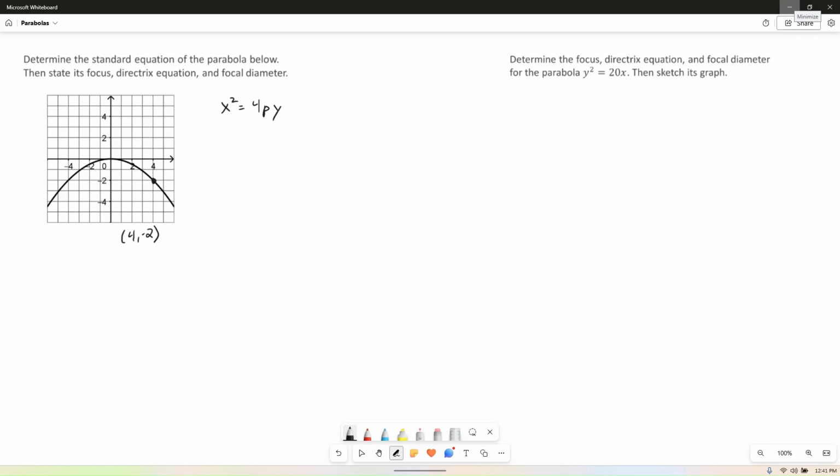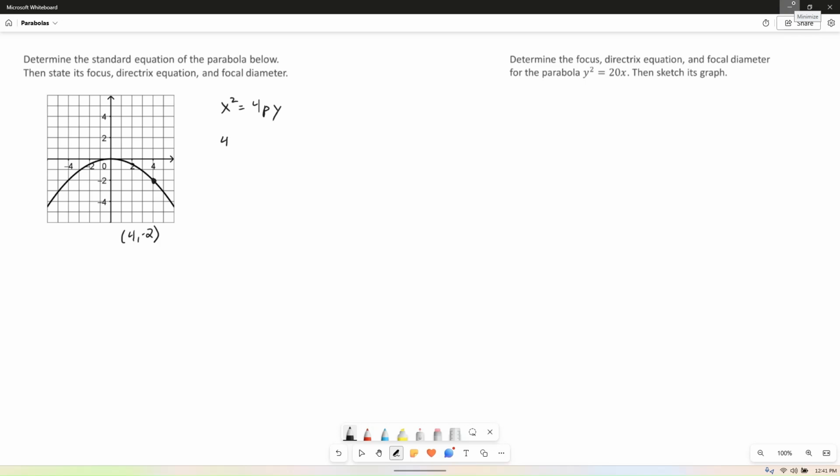So to actually write the equation that corresponds to our graph, we need to figure out the value of p. We don't know where the focus or the directrix are, but we can assume that we have a point on the graph at (4, -2).